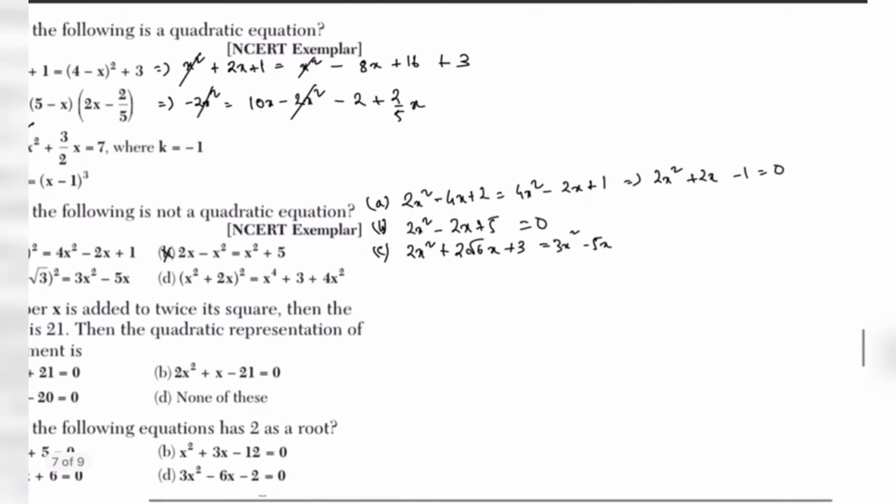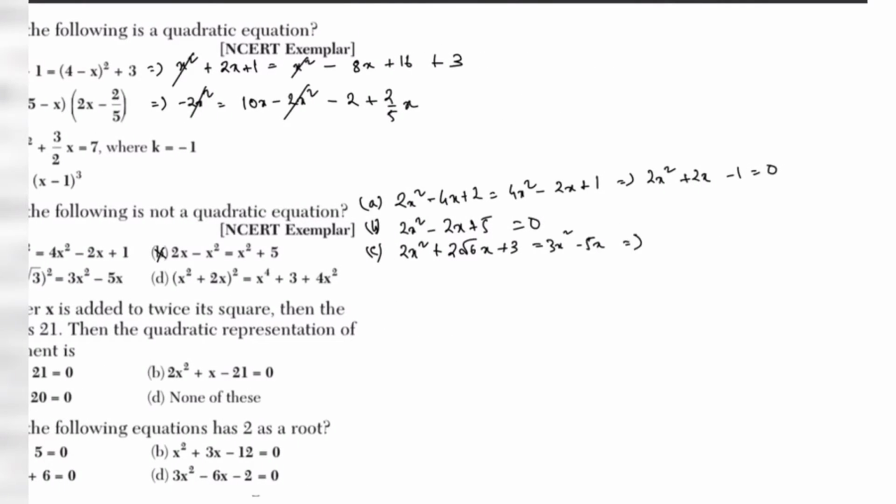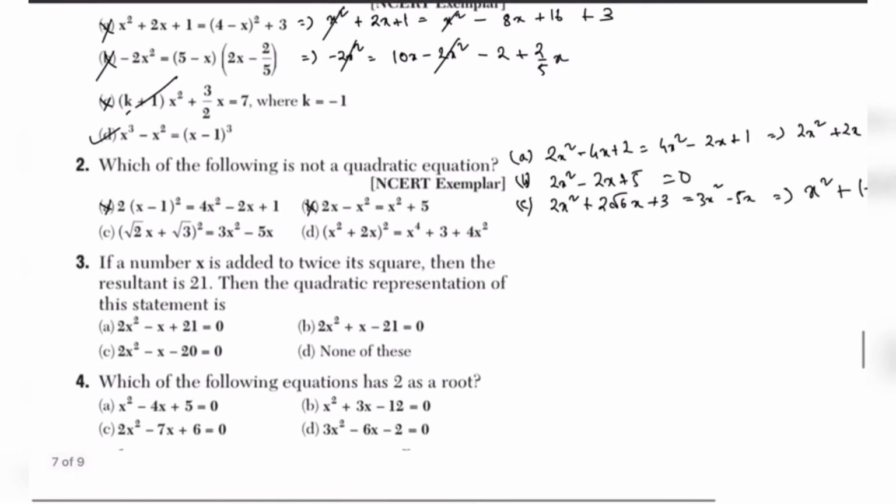This, when you try to make it in the standard form, you get x square minus 5 minus 2 root 6 x minus 3 equals 0. So option C is also a quadratic equation. Option D has to be the correct thing.